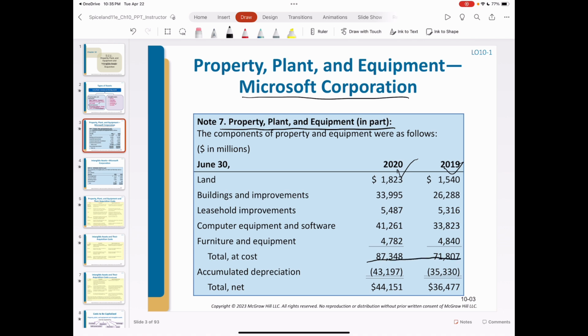These are total cost, the value of these assets when acquired. Most assets are subject to depreciation. They accumulate depreciation. The difference between PPE at cost and the accumulated depreciation is the net book value of PPE. Land is not depreciable because it has an infinite useful life.